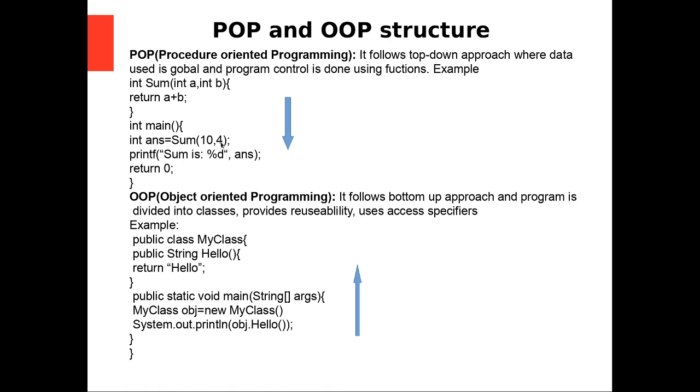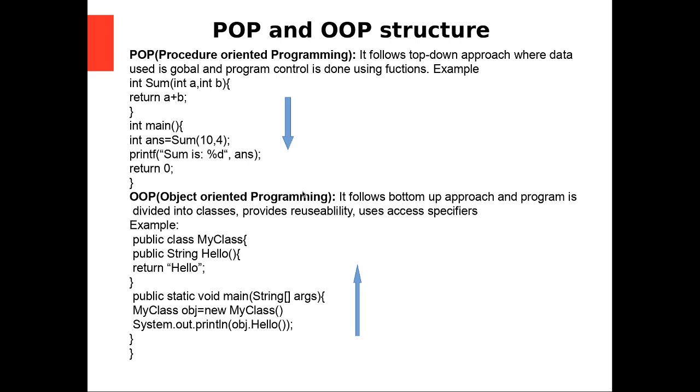It will return 14, so answer will have the returned value 14, and when we print this it will print "sum is 14", returning 0. So this was the POP structure used in traditional C language.